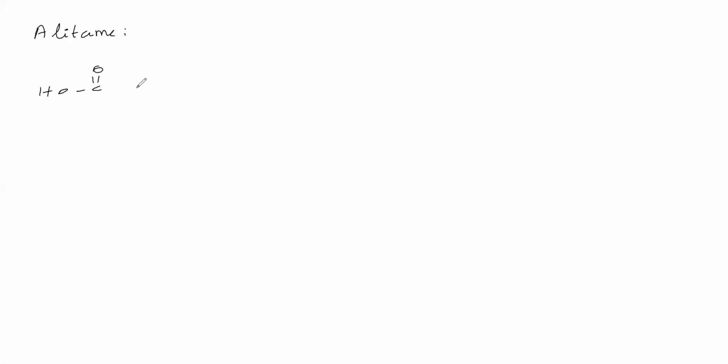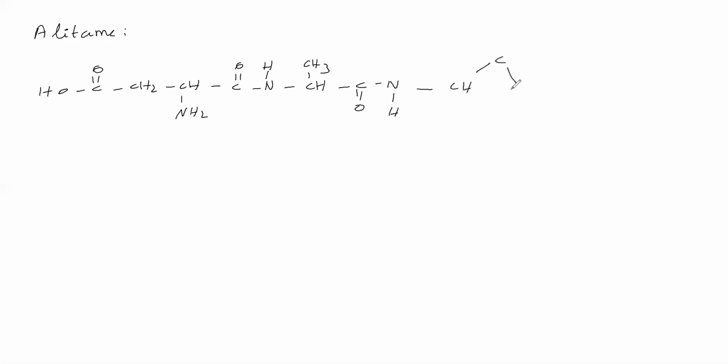Carboxylic acid, CH2, CHNH2, peptide linkage CONH, then CH3, then peptide linkage CONH, then the next group is CH, C, here S, here two methyl groups, here C, here two methyl groups. This is alitame.